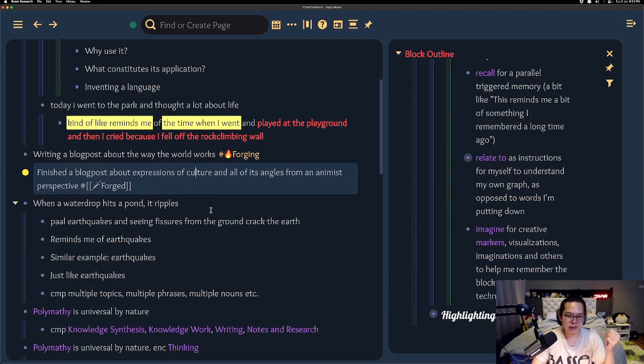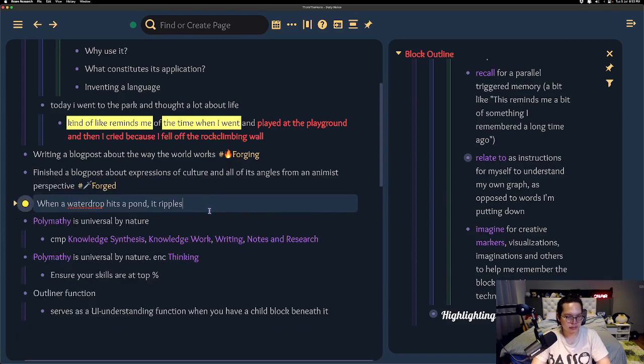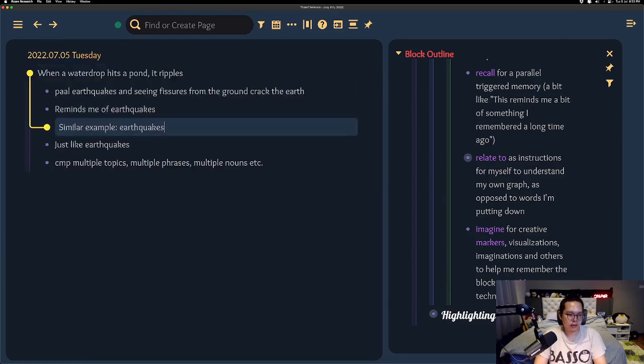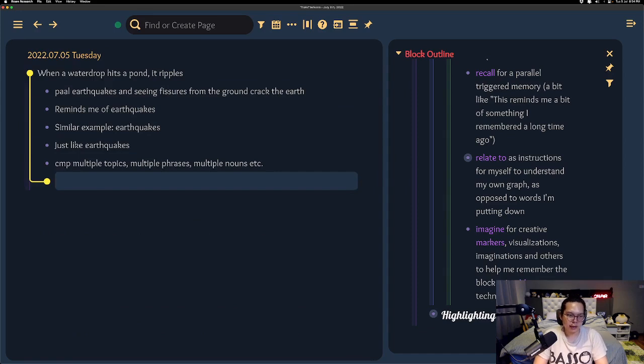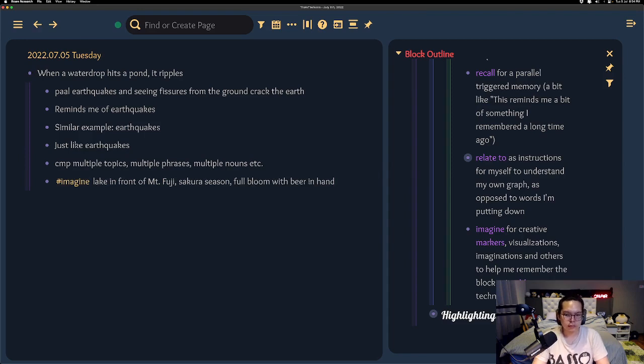And sometimes these functions can also be things outside of your graph. If I'm reading this and I think of when a water drop hits a pond, it ripples, I can use "imagine" to add this into my memory palace.